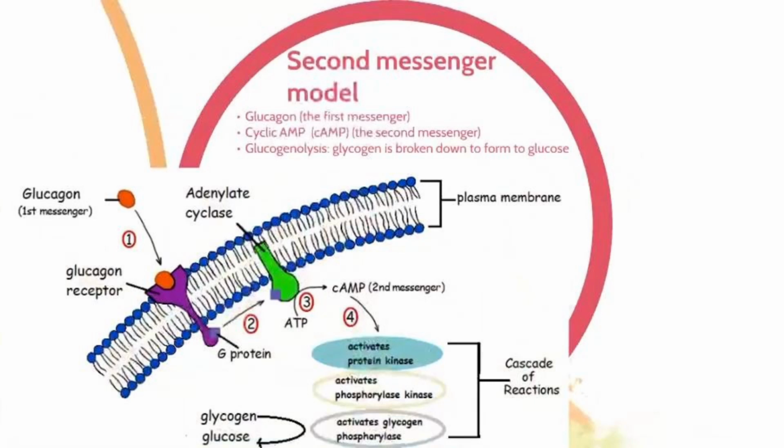And this enzyme breaks down that glycogen into glucose. And this is called glycogenolysis. Remember that anything with lysis in it means breaking down. So glycogen is the storage molecule, and glycogenolysis means breaking down of glycogen, and this releases glucose.